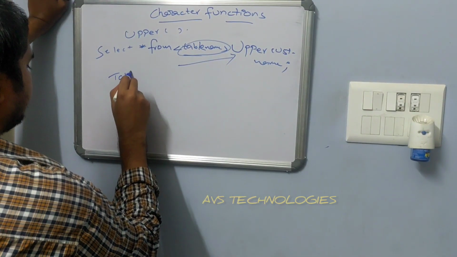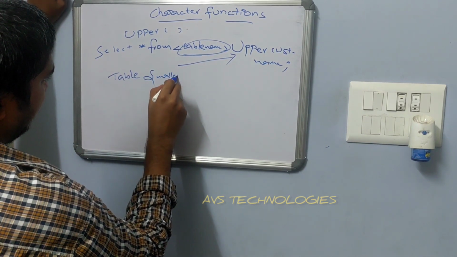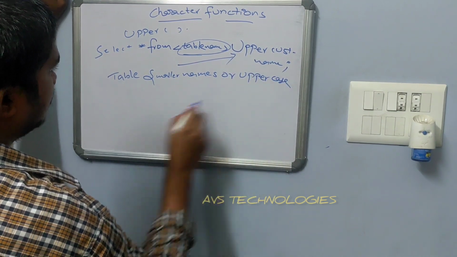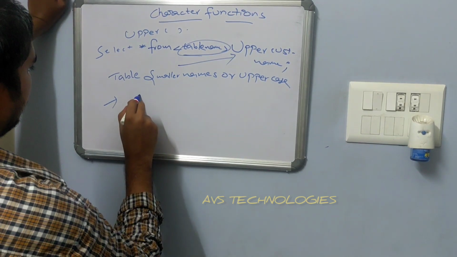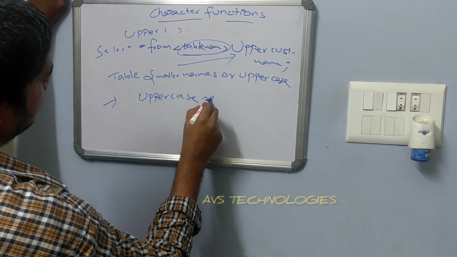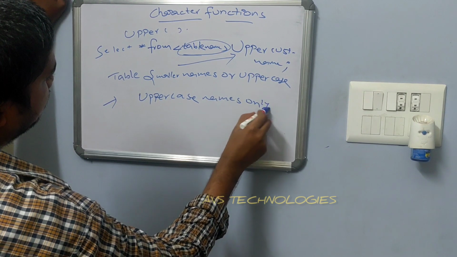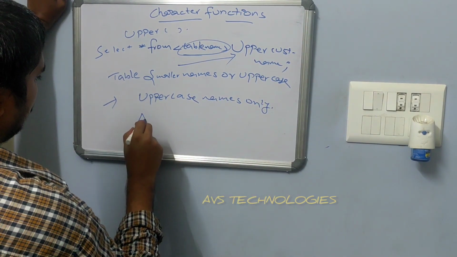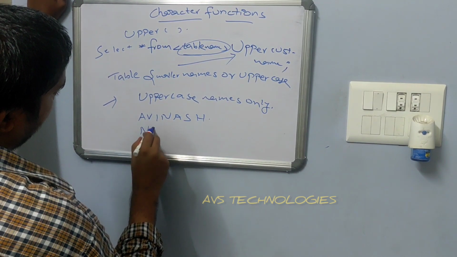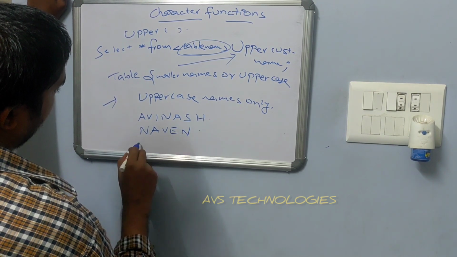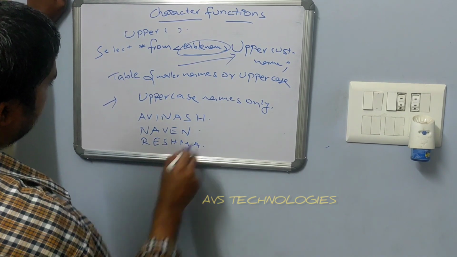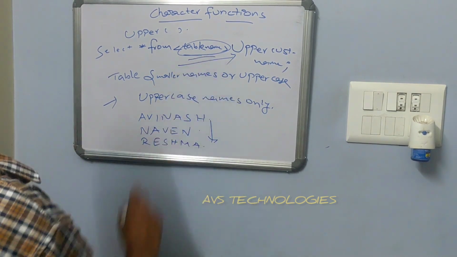Even if the table has smaller names or mixed letters, it will return uppercase names only, like AVINASH, NAVEEN, RESHMA.